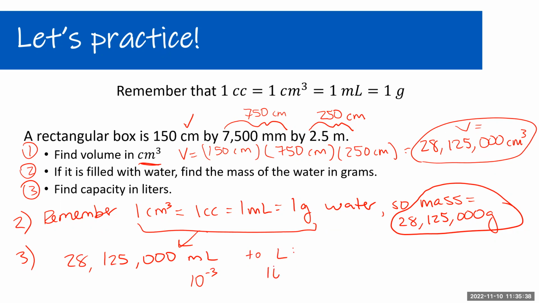To get it to liters is 10 to the 0. So we're just going to move our decimal place 3. We're going to a bigger unit, so we're going to go left. So it's going to be 28,125 liters. Okay, because we're going to move 1, 2, 3 decimal places. Okay, get some practice here. Make sure that you can get this.